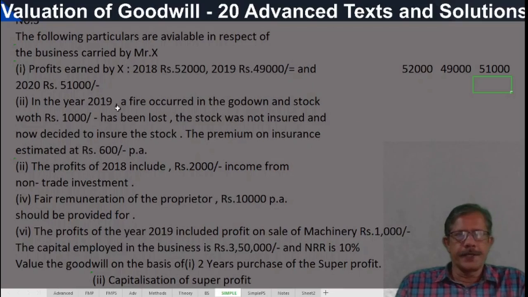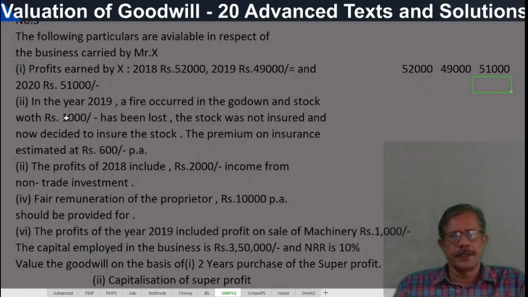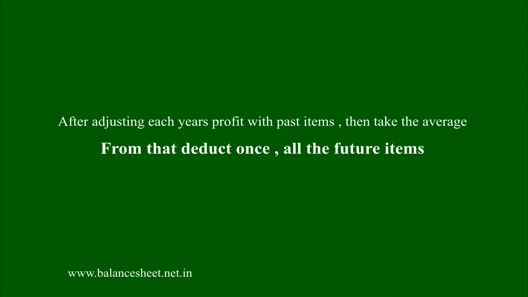In the year 2019, a fire occurred in the godown and stock worth rupees 1,000 was lost. This is a past adjusted item. The stock was not insured and now it is decided to insure the stock. The premium on insurance is estimated at 600 per annum.